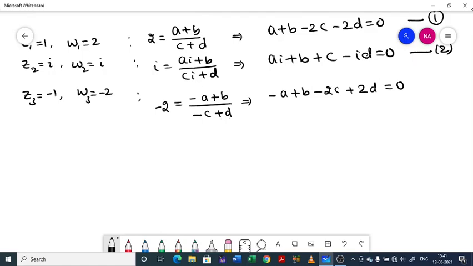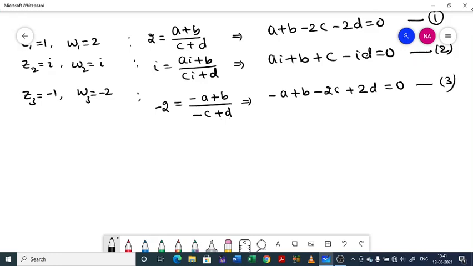Multiplying the minus sign, it will be A minus B minus 2C plus 2D equal to 0. Okay, let us keep it as it is. Call it equation 3.